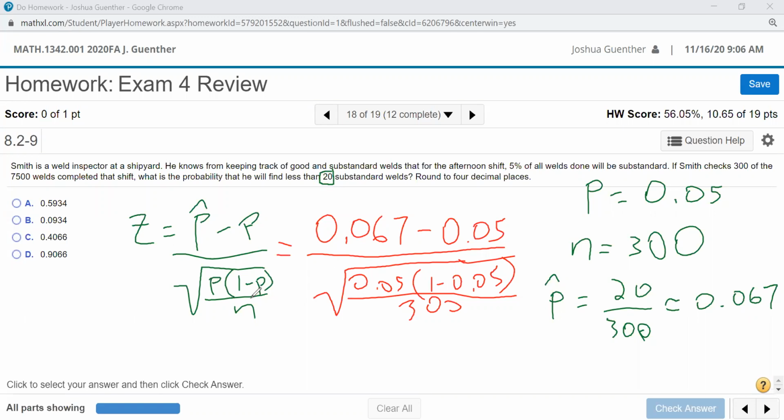So we've got a lot of calculations to do. I'll take them one at a time. Square root. And let's see.